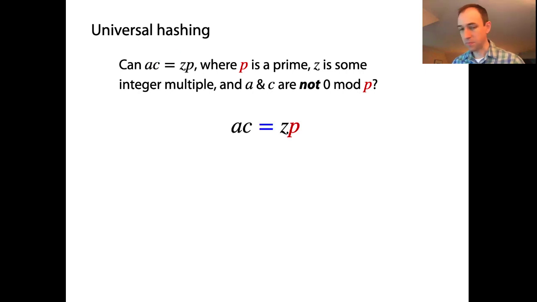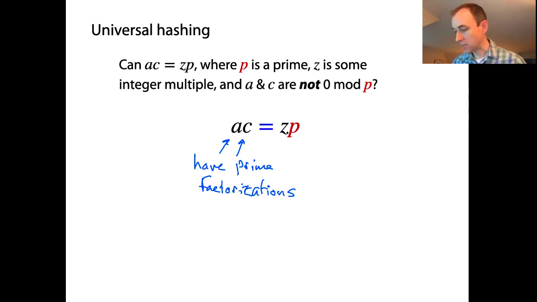Is this possible? Well, to think about this, let's consider that A and C have prime factorizations. There's some way to factor those two numbers, A and C, as a product of primes.